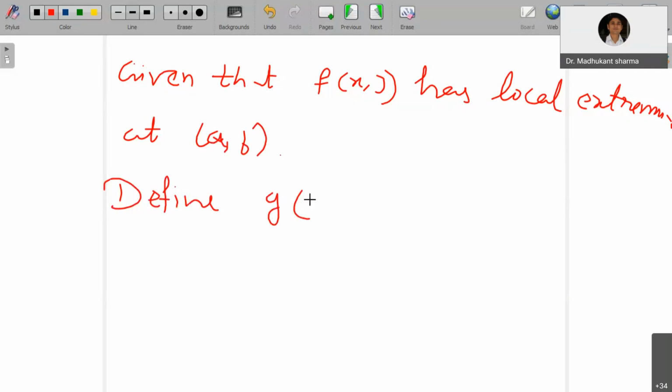Now let's define the function g. g of x is equal to f of x comma b. So we have fixed y equal to b. This is now a function of x, and it has a local extremum at a, and a is an interior point.